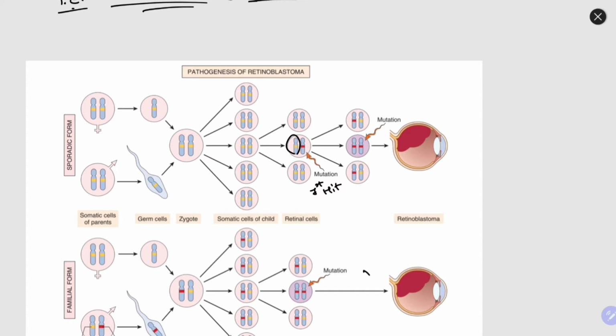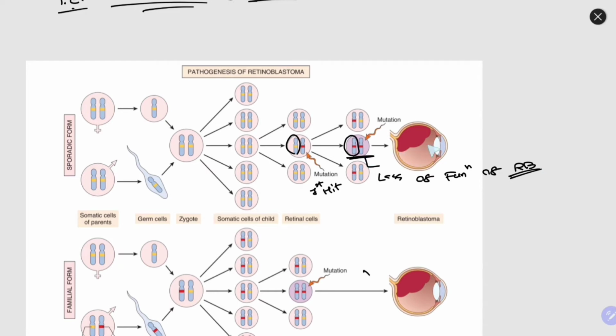But after some time, due to environmental factors or radiation or whatever, this second gene also gets mutated, and as both genes get mutated, there is loss of function of the RB gene.